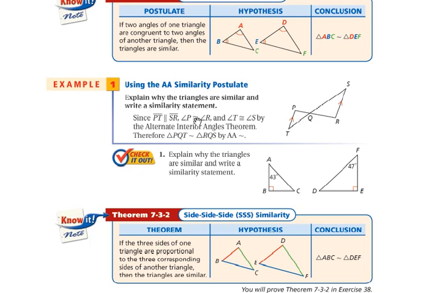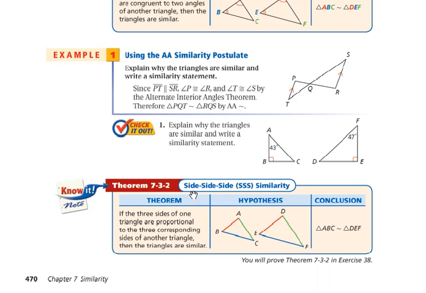Basically, using the alternate interior angles, we have parallel lines here and here, and a line that goes through those parallel lines. That means we have alternate interior angles. Angle P and angle R are congruent, and then also we have another line going through two parallel lines, so alternate interior, angle T and angle S are also congruent. So right there we can stop and say we have similar triangles.